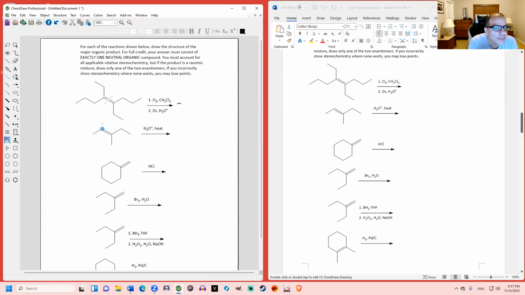And so you just get a 6-carbon chain with the carbonyl on carbon 3. I'll prove it.